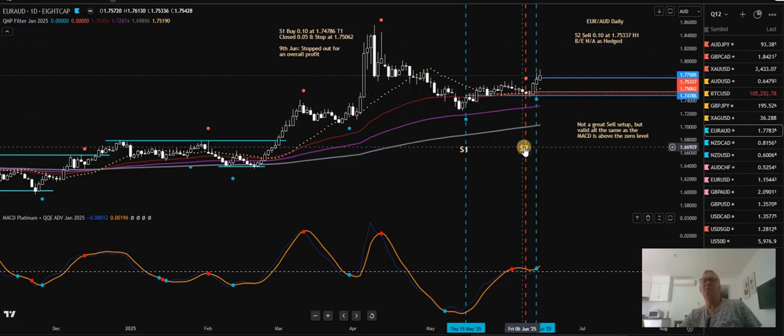So sequence 2 is a sell. Now this is a traditional hedging type one, so we took a buy on Friday morning, and I should have probably just closed the sell for a loss after I just said what I was going to do, but I didn't do it, and I took a hedge.